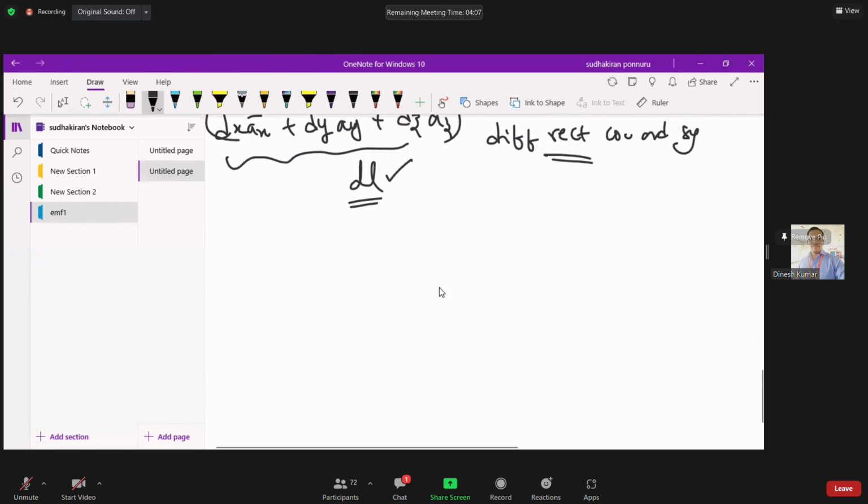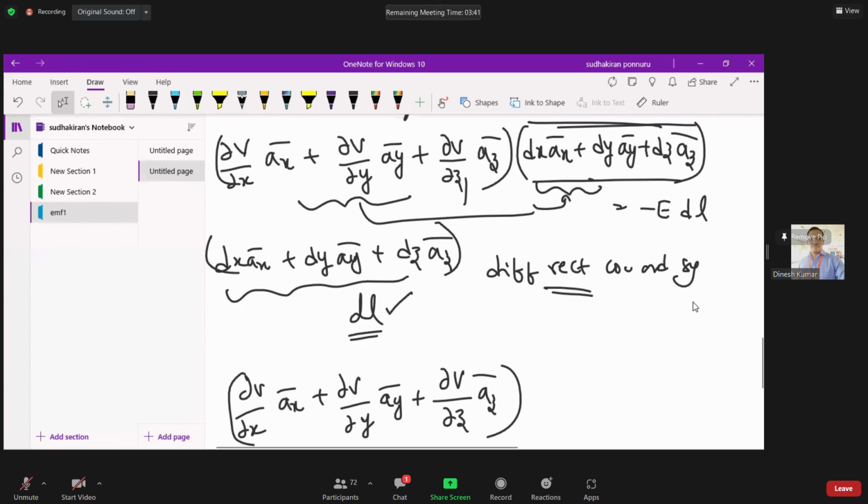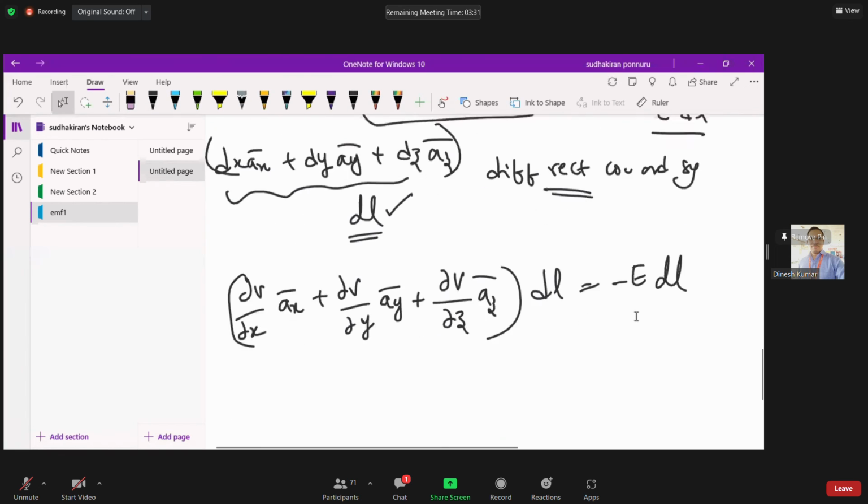Therefore ∂V/∂x ax bar plus ∂V/∂y ay bar plus ∂V/∂z az bar, now replacing the other entire term with dL, is equal to minus E dL.